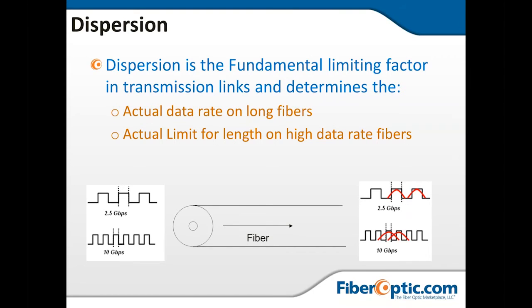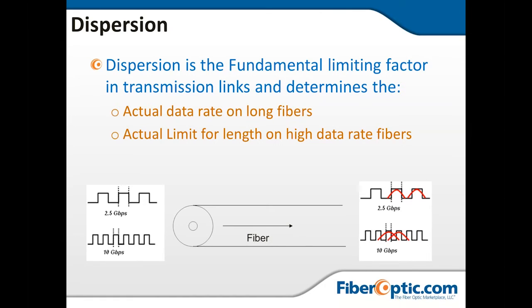Now, how this works, if you look at the two images here, the image on the lower left shows us our input signal. The top one is at 2.5 gigabits. The one at the bottom is at 10 gigabits. In fact, these are probably not to scale. Those 10 gigabit pulses, or ones and zeros, would actually be a little bit narrower. So we go through a length of fiber, and the red line indicates the dispersion, or the amount of spreading of the pulse.